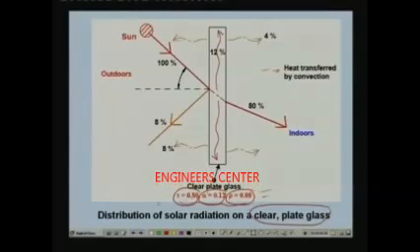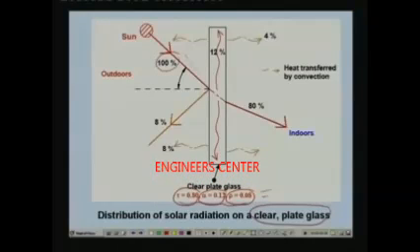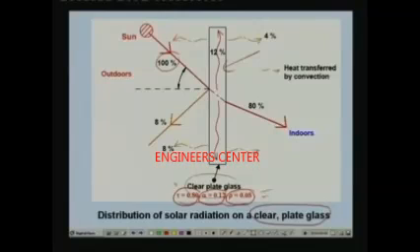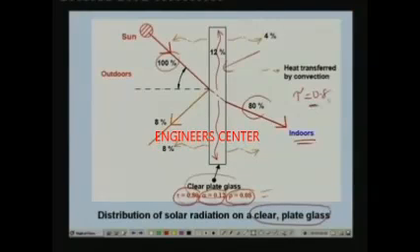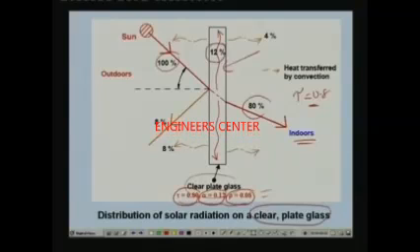Now, since it has a transmittivity of 0.8, if 100% of solar radiation is incident on this window, which is nothing but your window made of clear plate glass, 80% of it is directly transmitted to the indoors, because it has a transmittivity of 0.8, and 12% of it is absorbed by the glass, while 8% of it is reflected back.